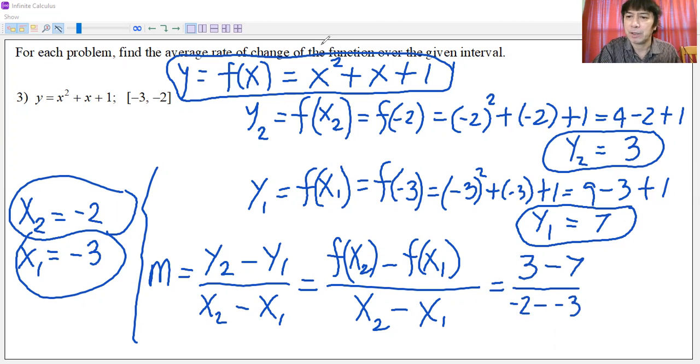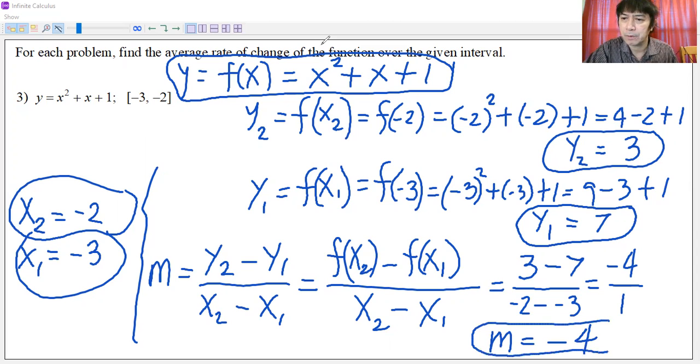This results to negative 4 over negative 2 plus 3, that's a 1. So the final answer here is negative 4. M is negative 4. That's the answer, and we can verify that it's over here: M is equal to negative 4.